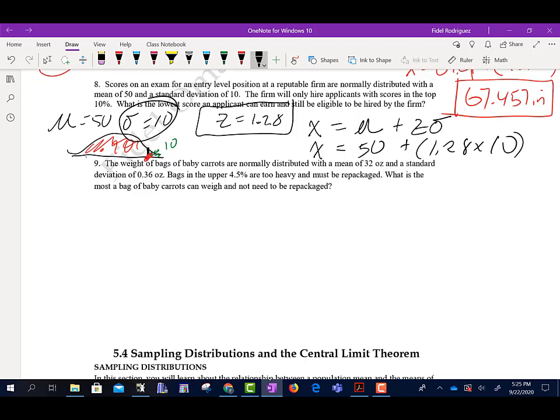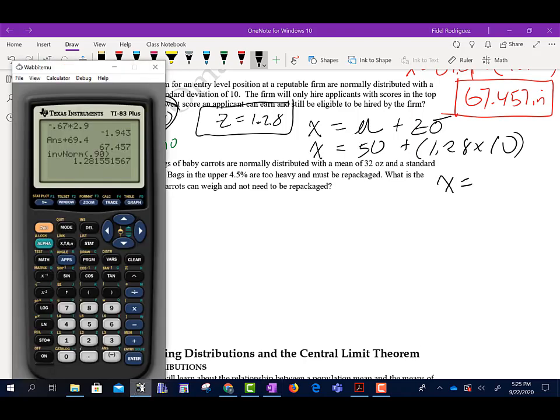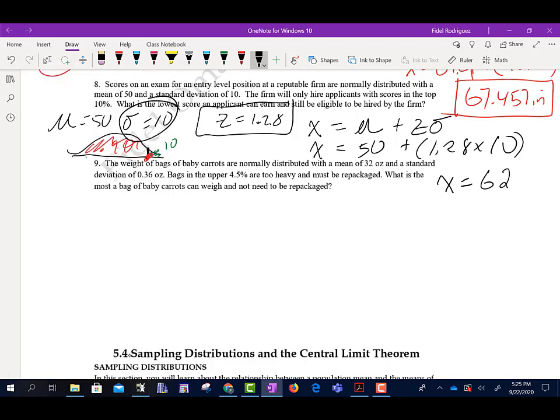And so I'm going to grab my calculator again, and I'm going to say, what's 1.28 times 10? It's that. And then we're going to add 50 to it. Okay. So the lowest score that somebody can earn is a 62.8. This would be the lowest score somebody could earn and still be in that top 10%.